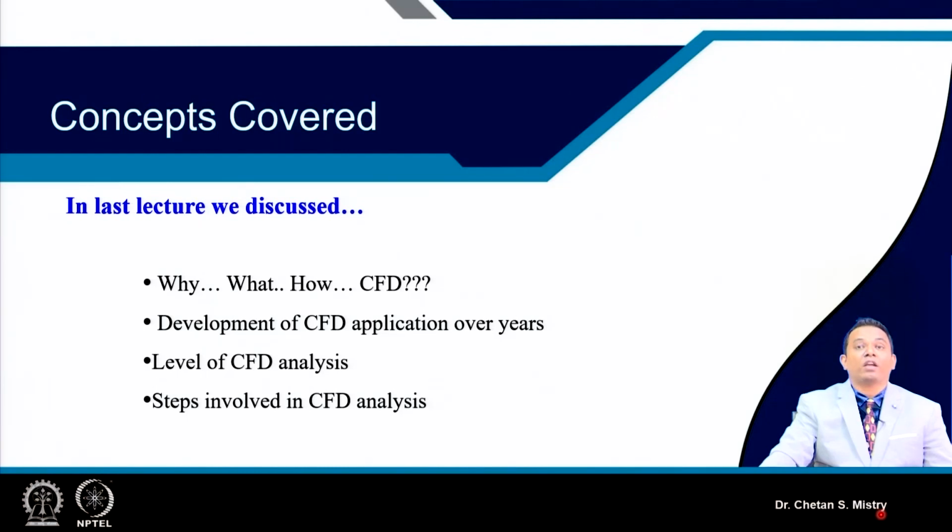Then we look for solvers, using our fundamental equations: mass, momentum and energy equations. After this analysis, we look for post processing. So from today we will start discussing how exactly we will move through these steps. The very first step is to discretize the domain.